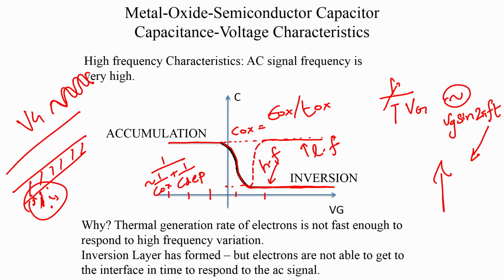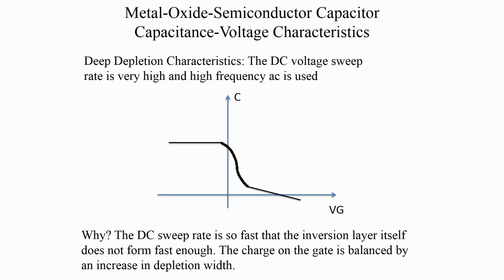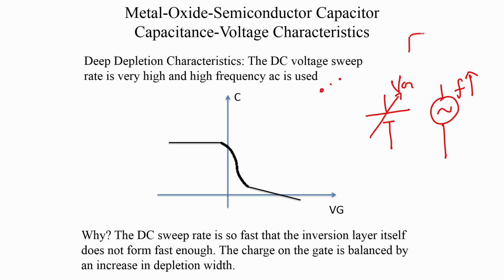Now, we have one more case, and this case has got to do with the DC voltage and the AC voltage. So, we not only use a very high frequency AC signal, but the rate at which we are sweeping the DC voltage is also very large. Okay. So, instead of you turning the knob very slowly, imagine the MOS capacitor experiences a rapid pulse.